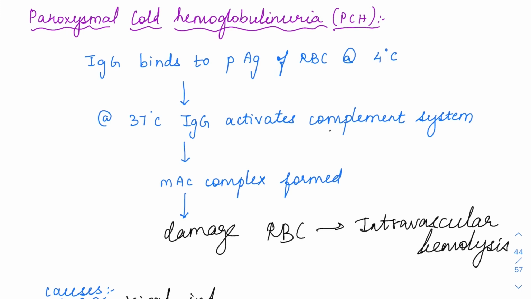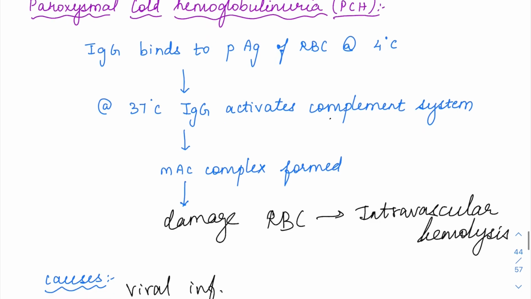But in cold hemolysin, it is an intravascular hemolysis. Here it is the IgG Donath-Landsteiner antibody against the P antigen of RBCs, which is attaching at 4 degrees Celsius, resulting in complement activation at 37 degrees Celsius, forming the MAC complex, which results in RBC damage, leading to intravascular hemolysis of RBC.